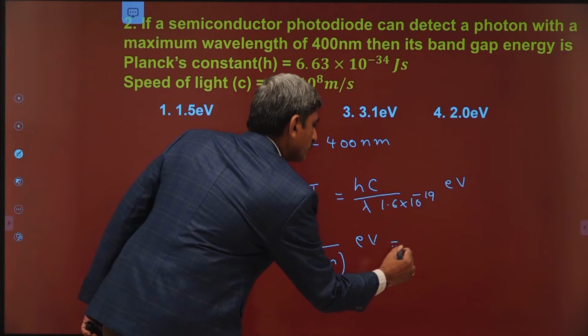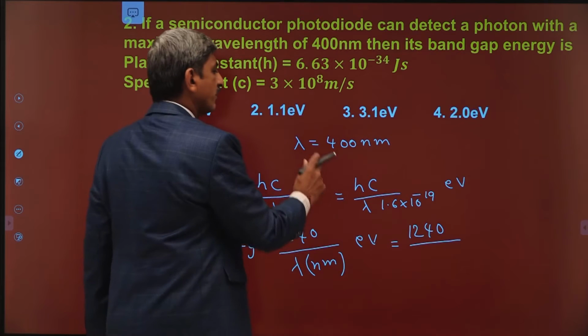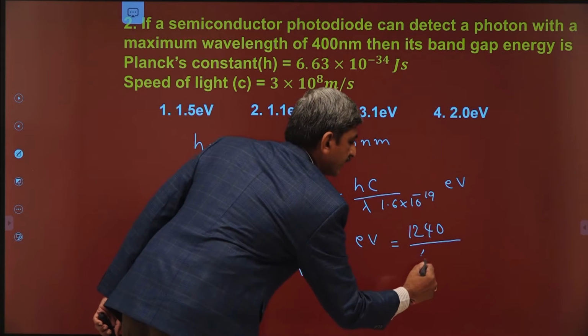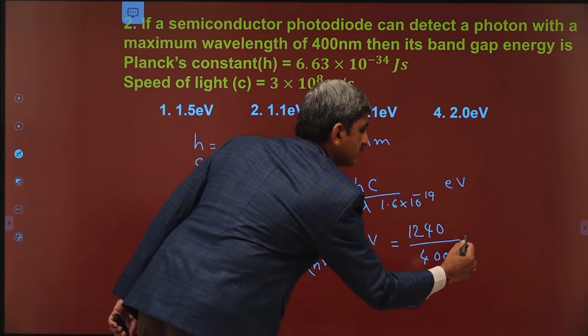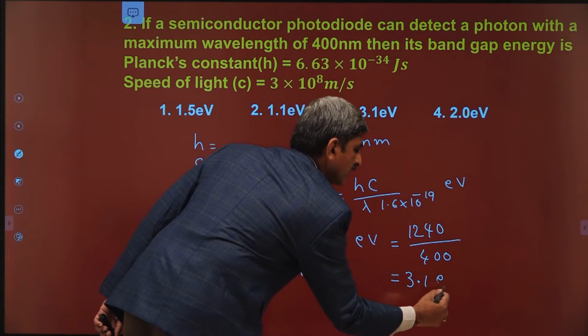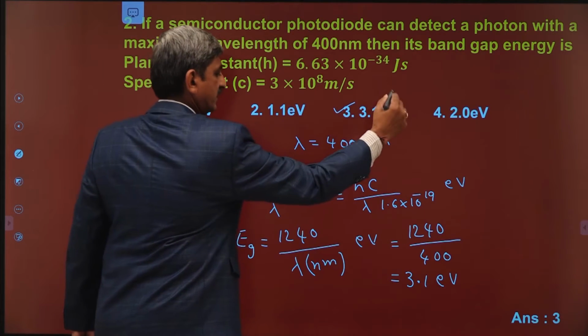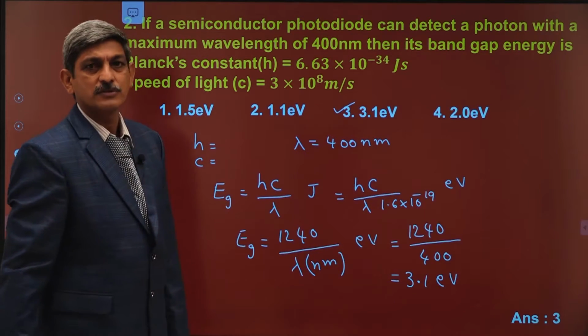This is equal to 1240 divided by the wavelength value, 400 nanometers, and by simplifying this, we get 3.1 electron volts. So the answer is 3, that is 3.1 electron volts.